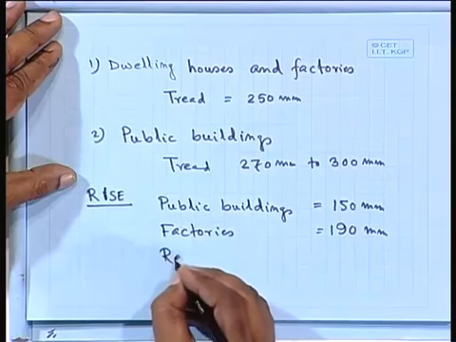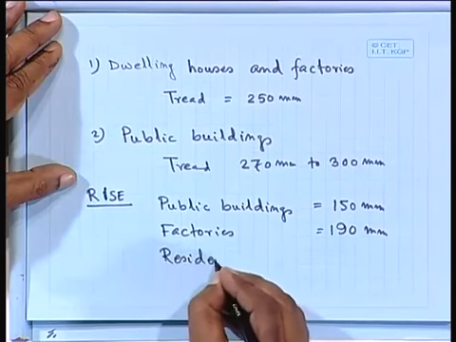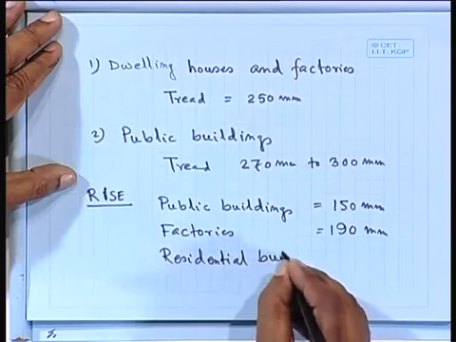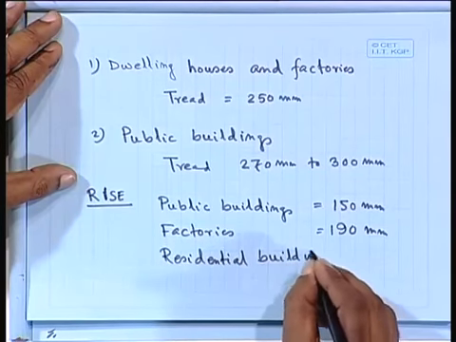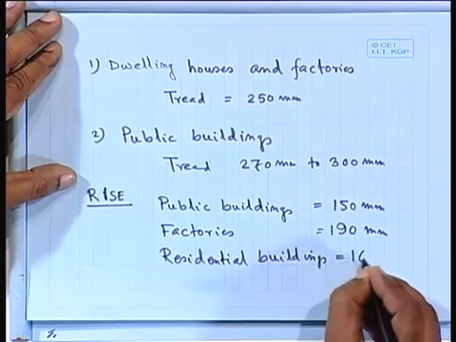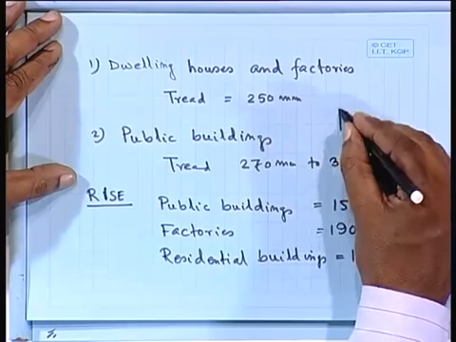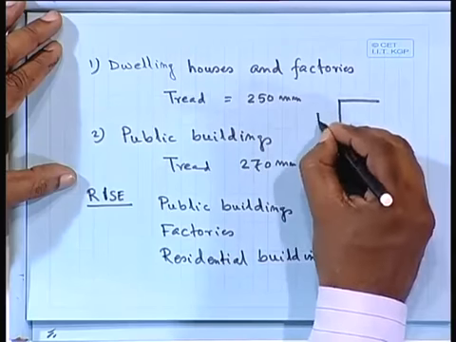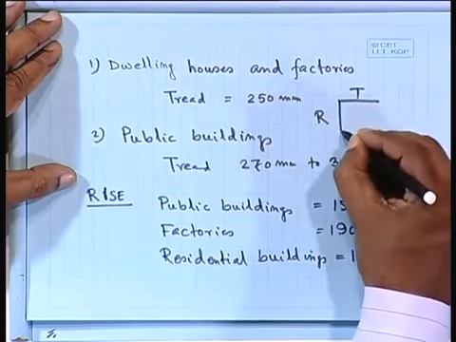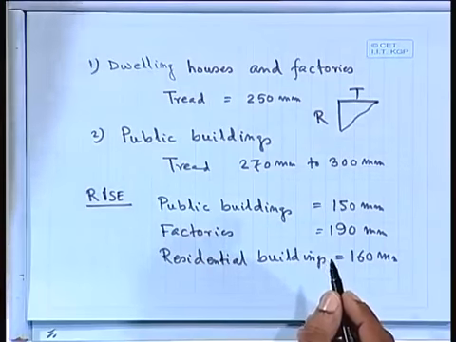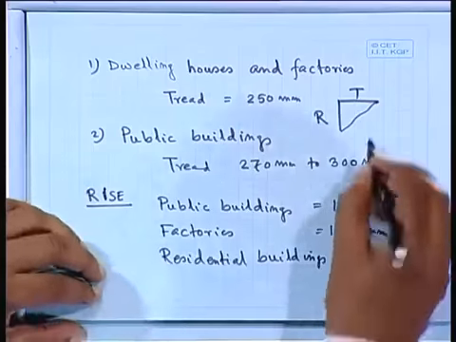For residential buildings, say 160 millimeter. So this is your rise and this is your tread, or we can say this one actually the going.